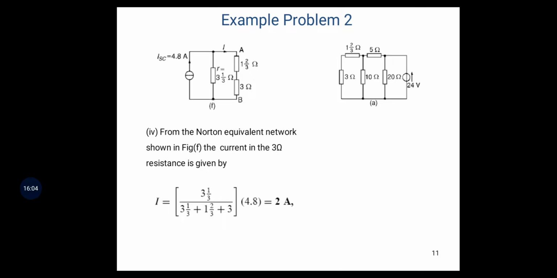So from the Norton's equivalent shown here, Norton's equivalent is ISC 4.8 amperes in parallel with the Norton's resistance 10 by 3 ohms, and there is a load resistance. How much is the load resistance?